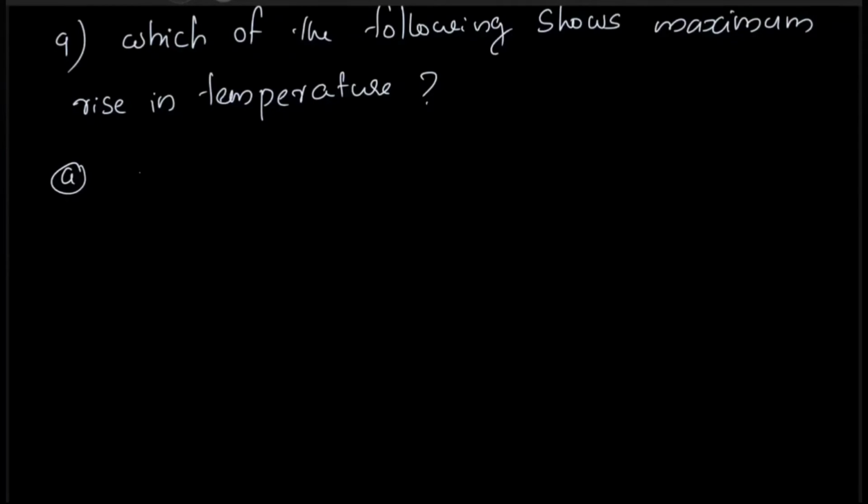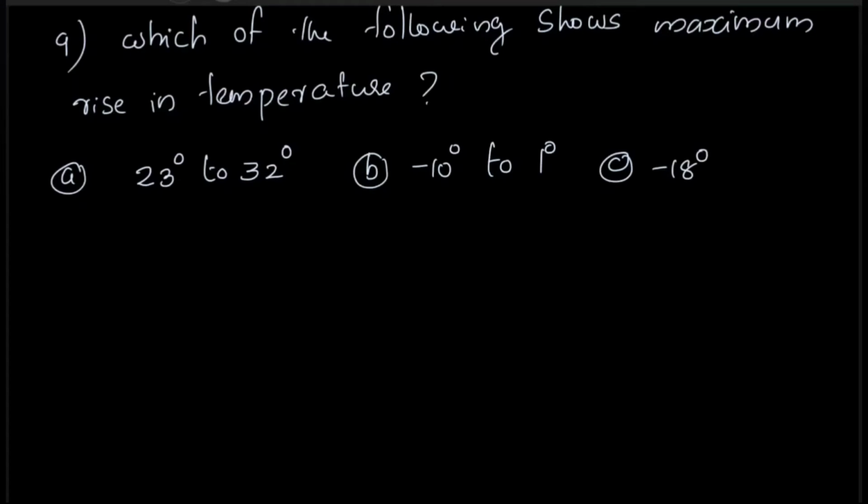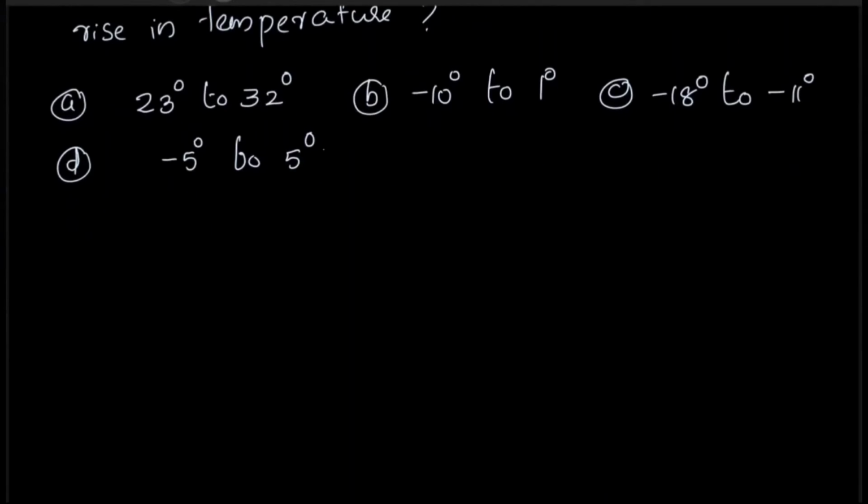Option A is 23 degrees to 32 degrees, then B is negative 10 degrees to 1 degree, then option C is negative 18 degrees to negative 11 degrees, and our D option is negative 5 degrees to 5 degrees.